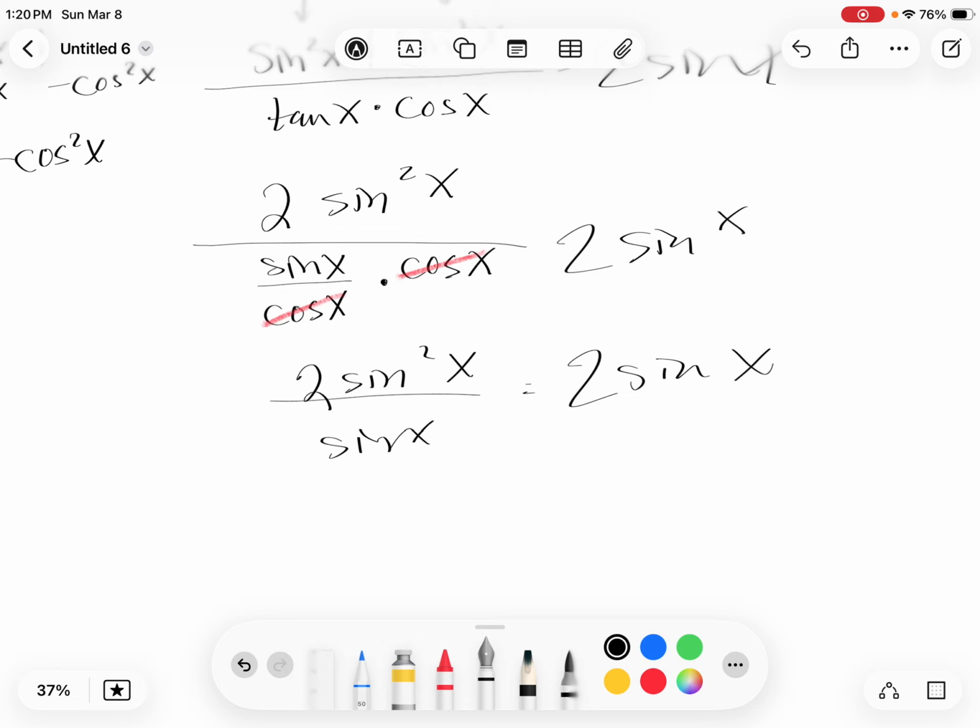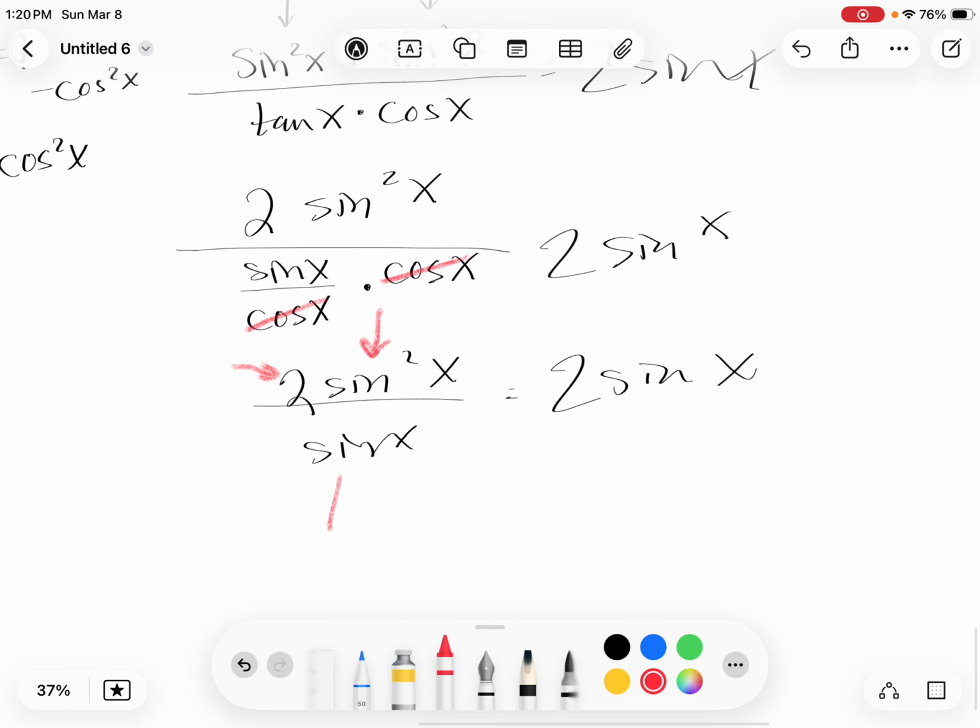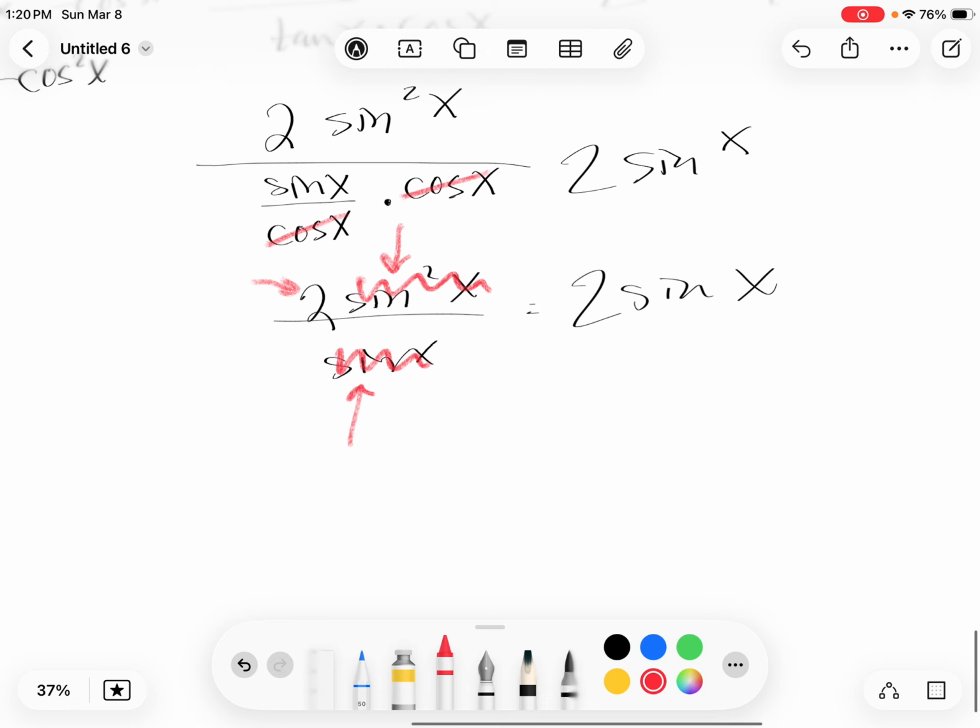Because if you look at this 2 that I just pointed at with red crayon, that doesn't need to change. But I do have a sine squared in the top and a sine on the bottom. So who has more, the top or the bottom? The top does by 1. So if I take 1 away from both of those, I end up with 2 sine of x equals 2 sine of x, which is what I wanted.